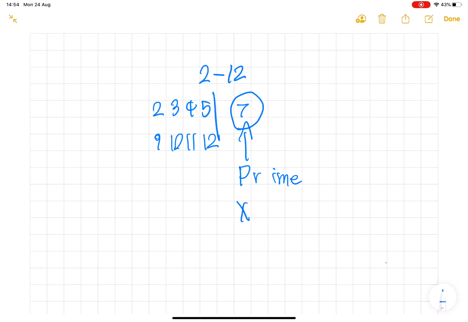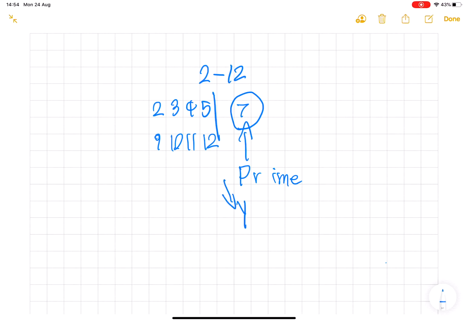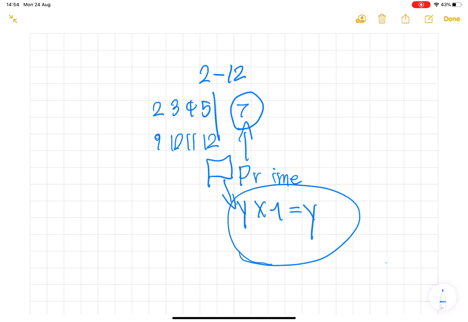x. Wait, we're going to use y because x will be confusing. y is the number where any prime number times 1 will equal y, which is the only scenario. As you could see, the prime numbers are 2, 3, 5, 7, 11, and so on. Oh, and 13 too.